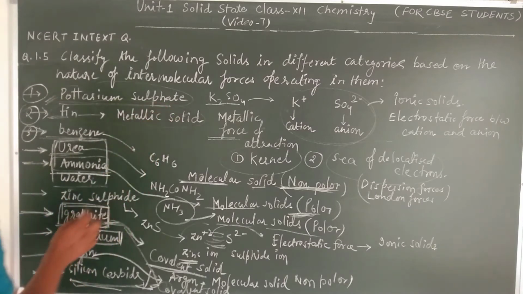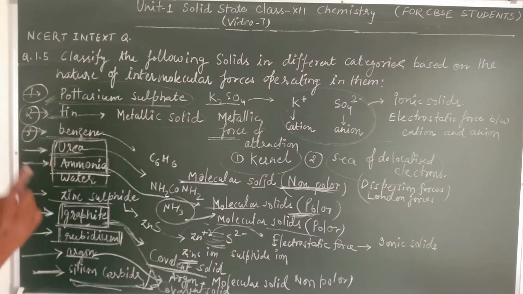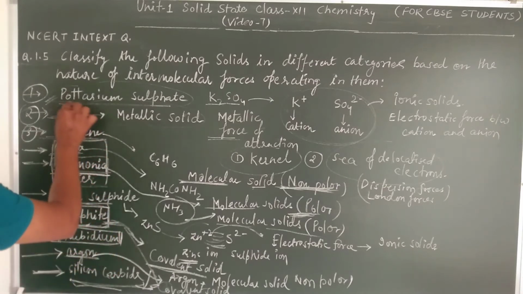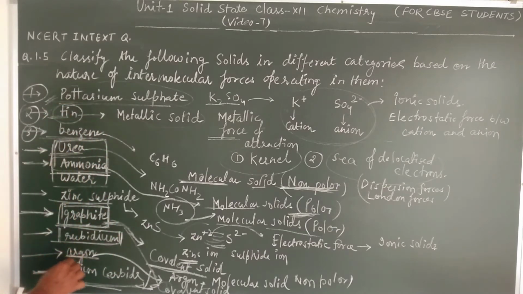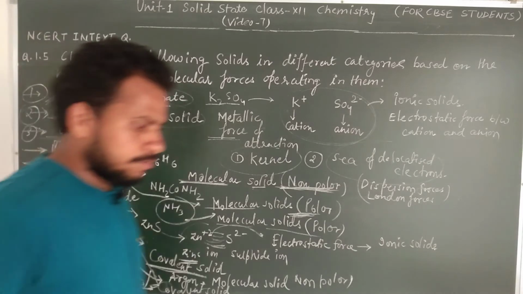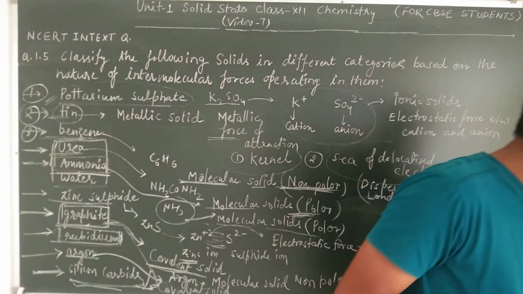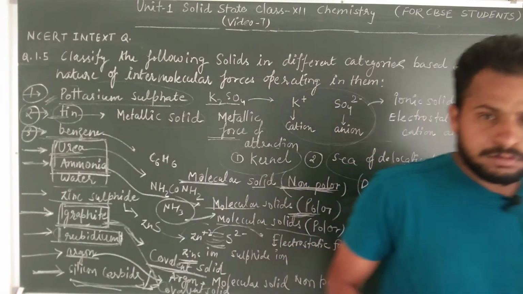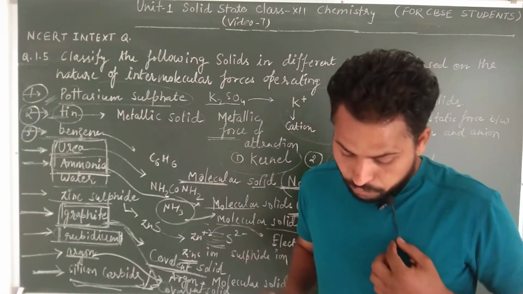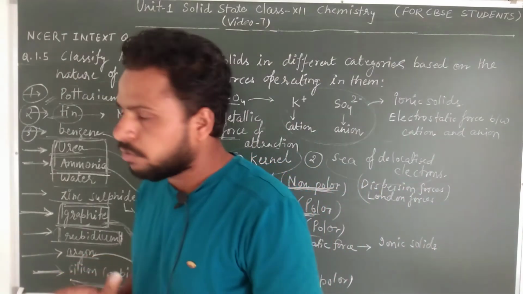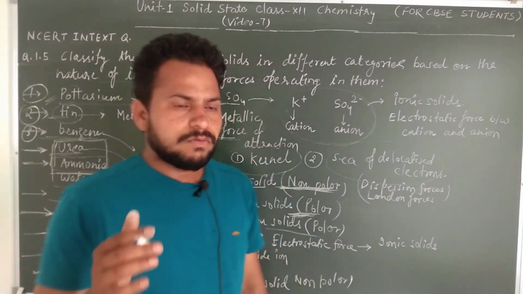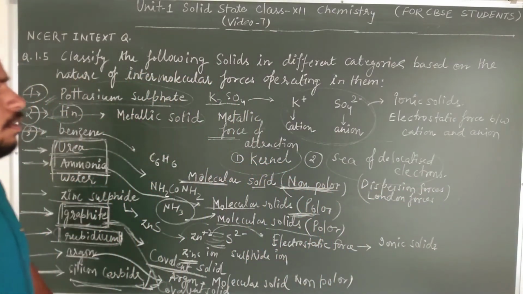Potassium sulfate and zinc sulfide are both ionic solids. And tin and rubidium are the metallic solids. So this is question number 1.5. So we further go ahead.